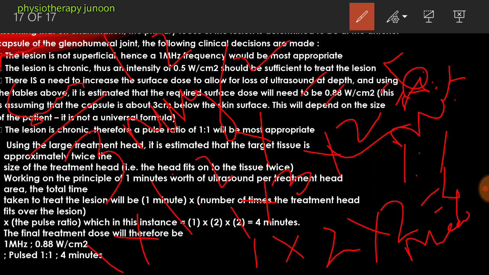If the treatment head is small, then it is 2 times the area covered by the treatment head, and if the area is small, 1 time, then here 1 minute 1 time. And the ratio I already described: acute, most acute or chronic. According to that you give the treatment.